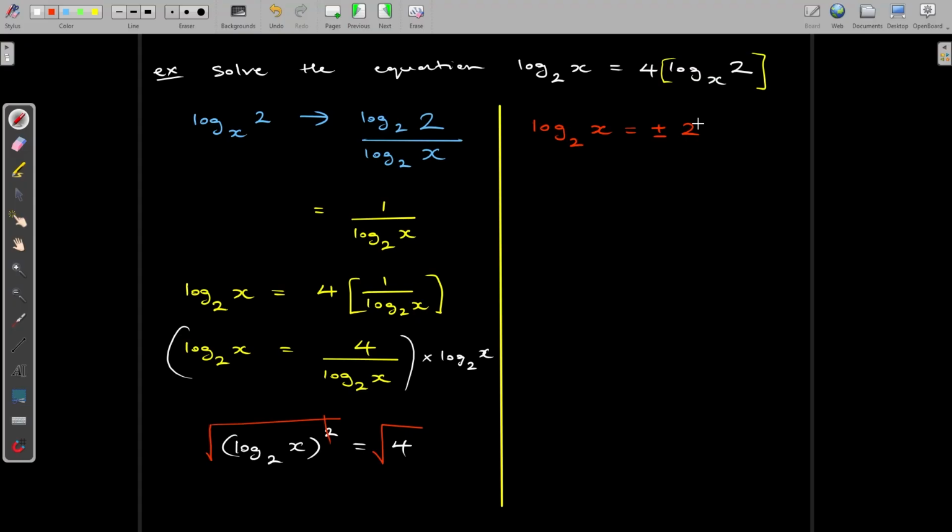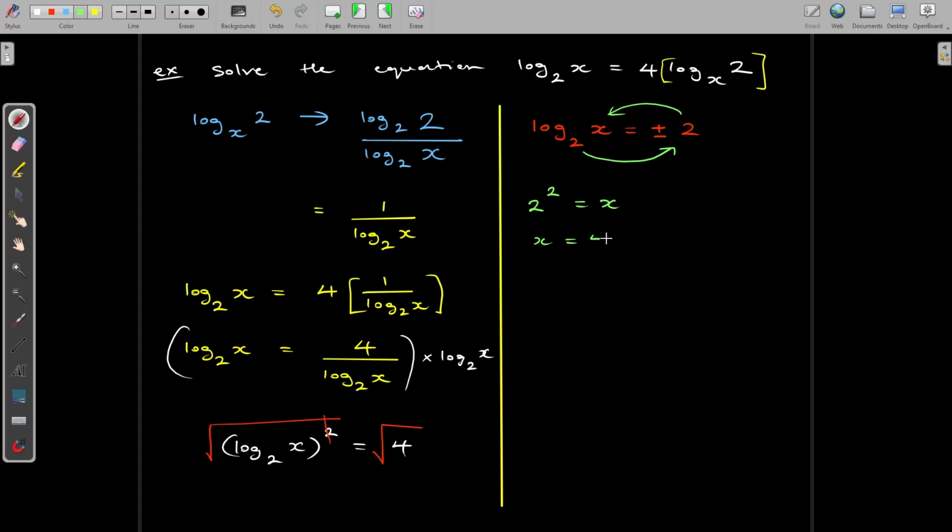So now to find our solutions, this is in its log form, and to get the solution we'd have to go to its exponential form. So we'd have to say 2 to the power of whatever is over here is equal to x. So one solution will be 2 to the power of positive 2 is equal to x.